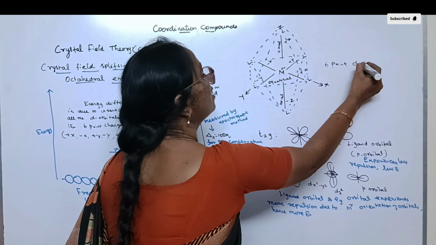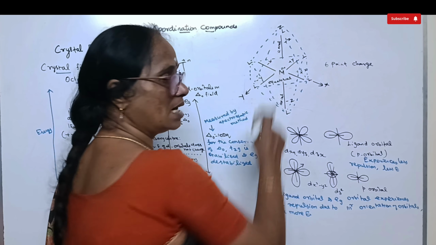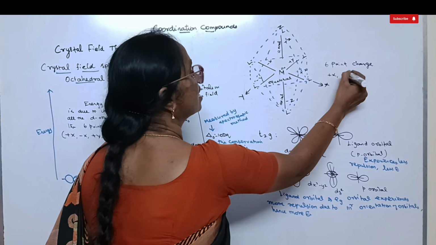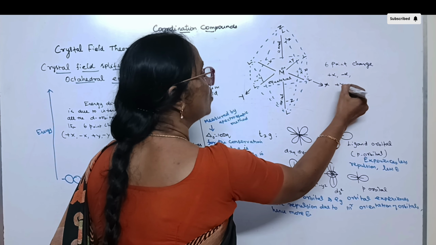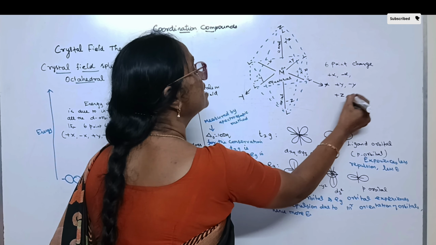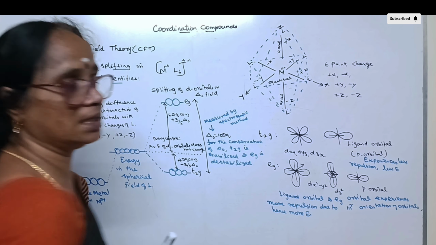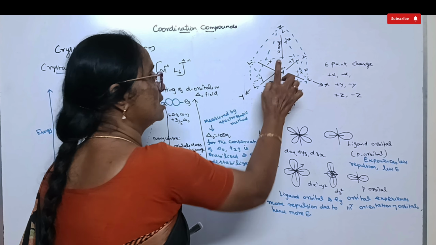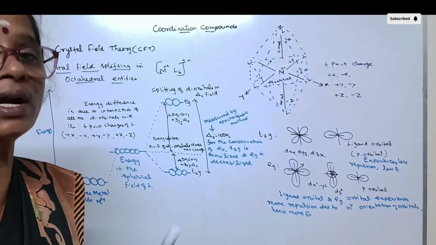So the ligands are along plus x, minus x, plus y, minus y, plus z and minus z.